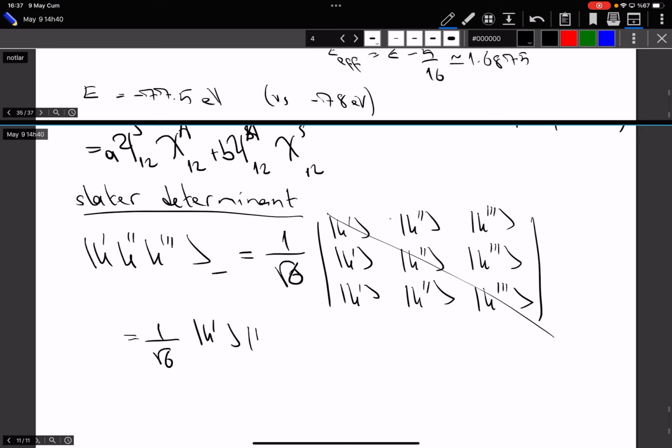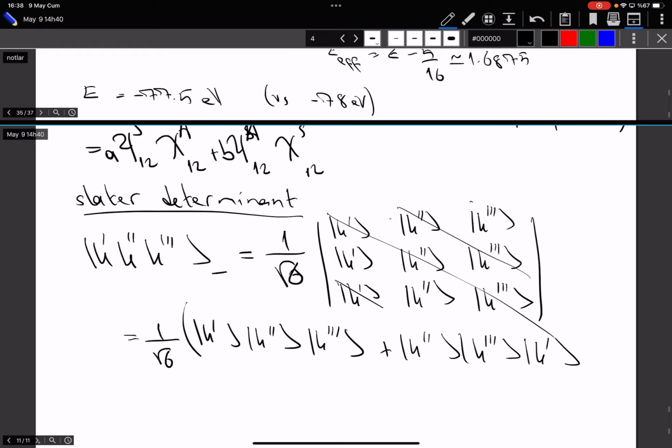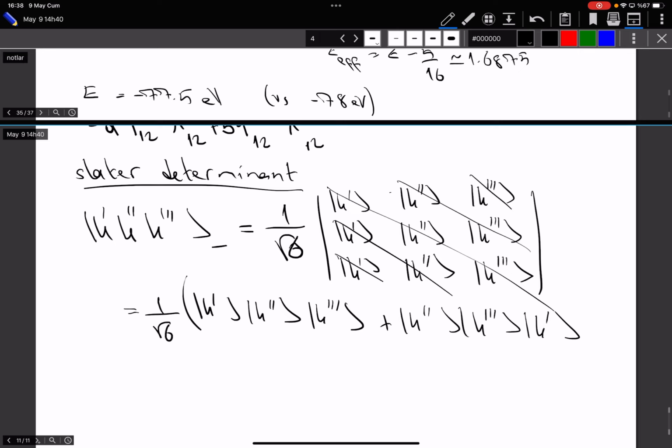K prime, k double prime, k triple prime. Then multiply these 3. Then multiply these 3. Then subtract these 3.